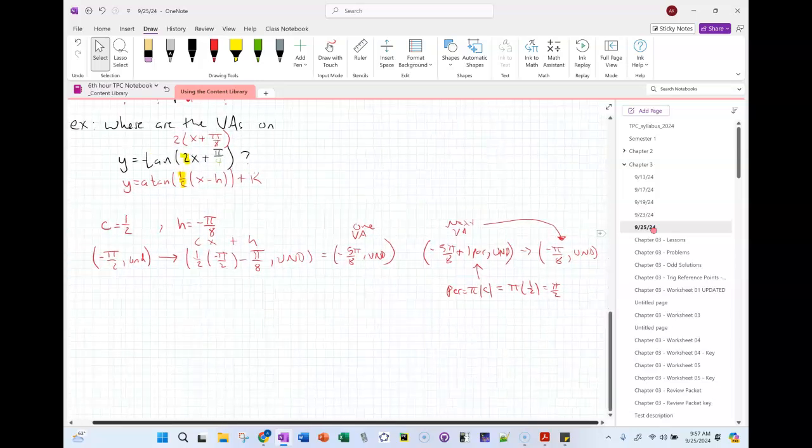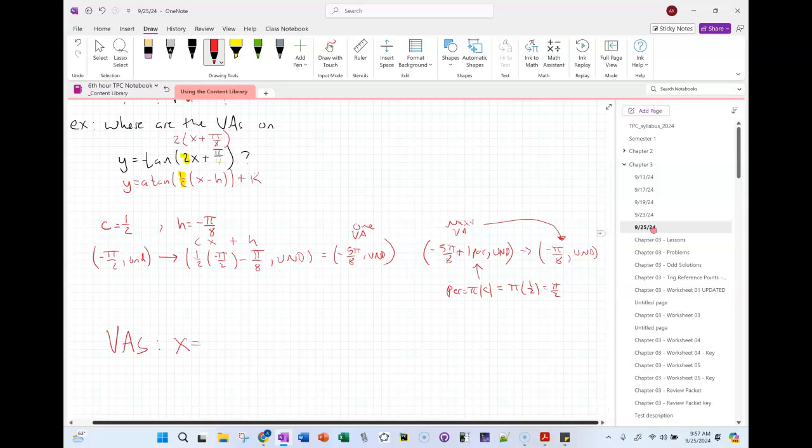So the fancy way of writing this is all of my vertical asymptotes I can write as x equals, it's the equation of a line, but since it's vertical, it's going to start x equals rather than y equals. And then it's going to be the location of one vertical asymptote. Any of them is fine.